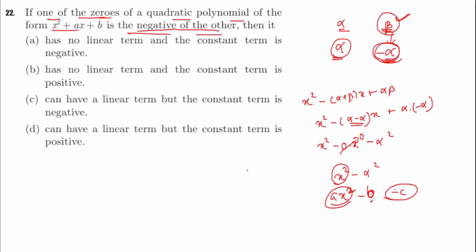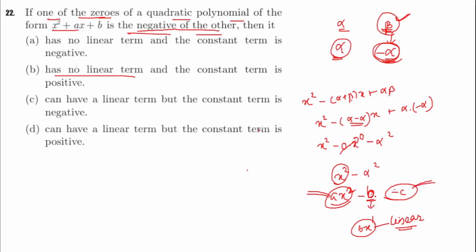That means this is bx, the degree of this is 1, and this is the linear term. Linear means having degree 1. So in this case the degree 1 term is x, and the coefficient of this x is 0. That means this has no linear term. This is the quadratic term and this is the constant term. The linear term is 0.